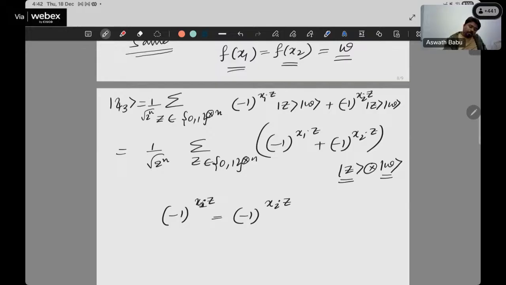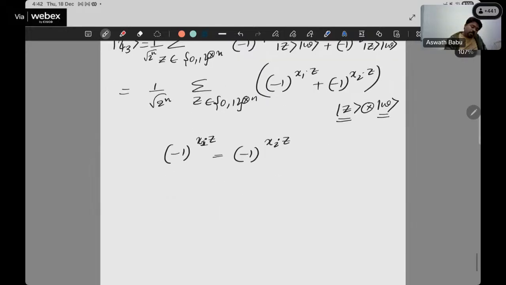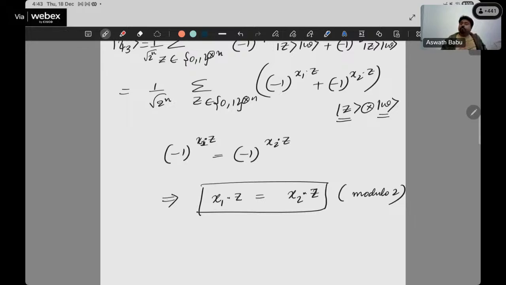This implies x1 into z is equal to x2 into z. By the way, dot products are all modulo 2. So I got this relation.